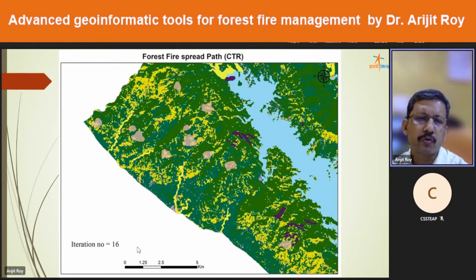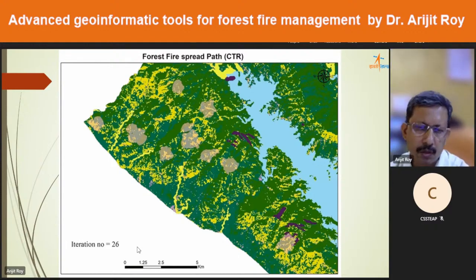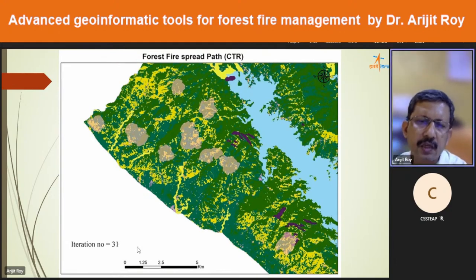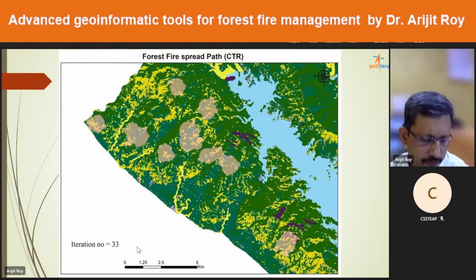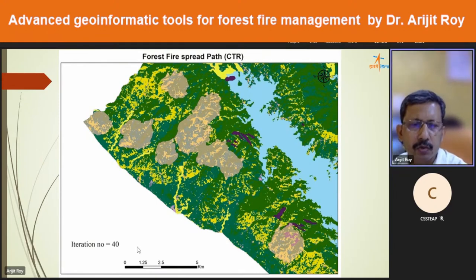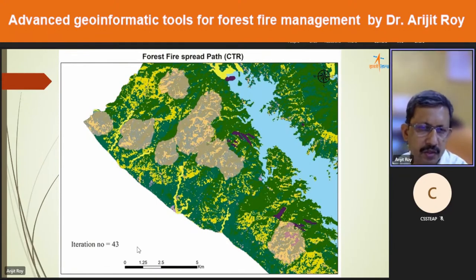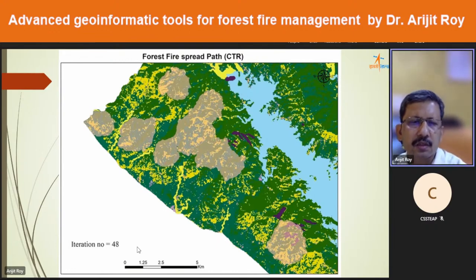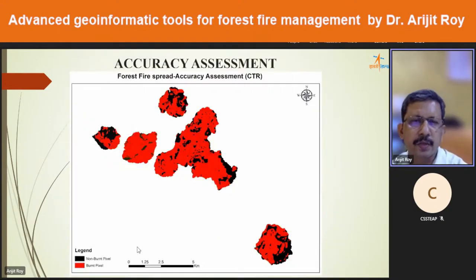So you see that over the 24 hours, the entire region was affected by fire and was monitored using satellite data. So after 24 hours, it will go on till the 48th iteration, you will just see it. So after the 48th iteration, this was the fire spread.